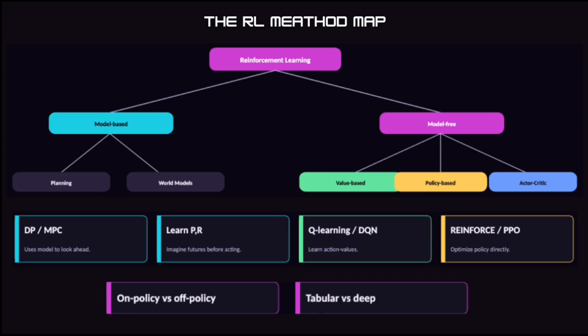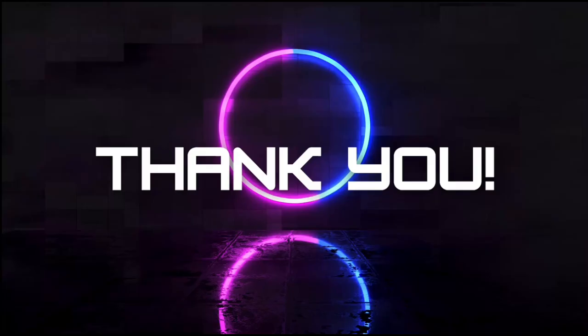If the model is unknown but we can observe full episodes, Monte Carlo methods can learn from completed ones. If we want to learn during an episode, temporal difference learning updates from partial experience.